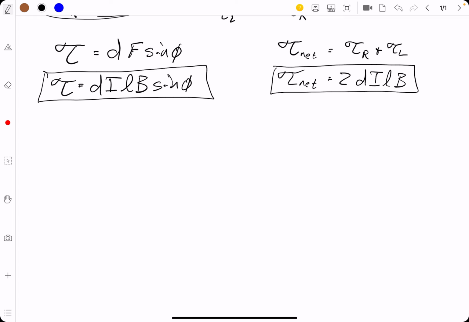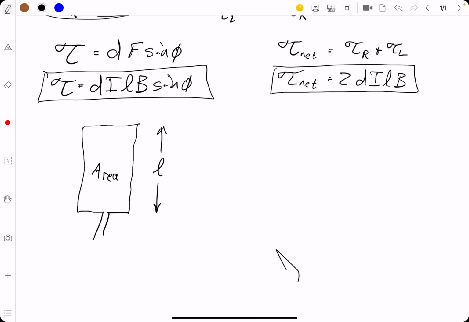So let's look at this thing. I'm going to draw it a little bit bigger, and without the B field in our way. And so here's our area. This is D. So our area A is equal to 2D times L. Okay?